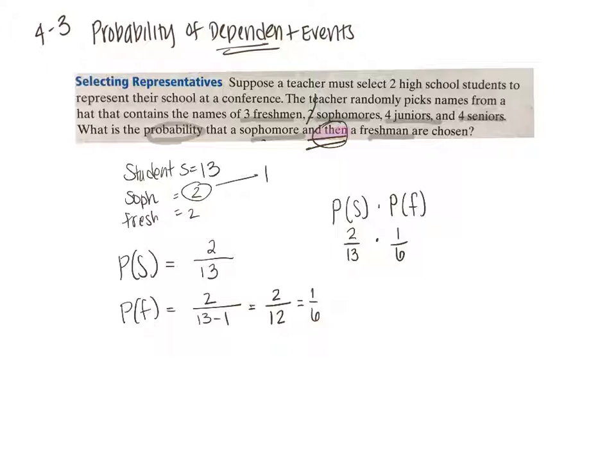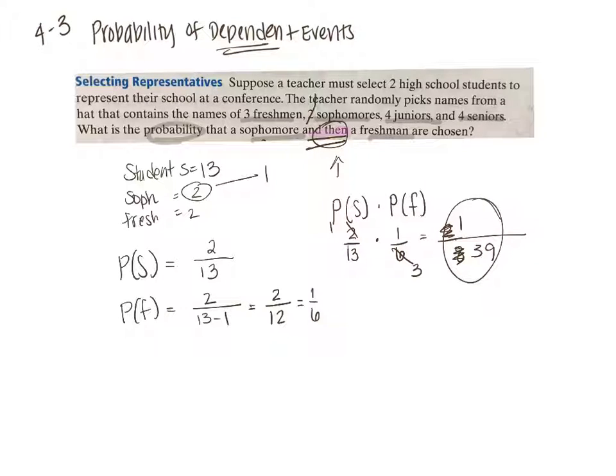And if I want to find the probability of S and then F, I multiply across and I get 2 and this big number. Well, honestly, let's just do it this way. Cross my 2's out and I get 1 over 39. And that is the probability of this combination happening.